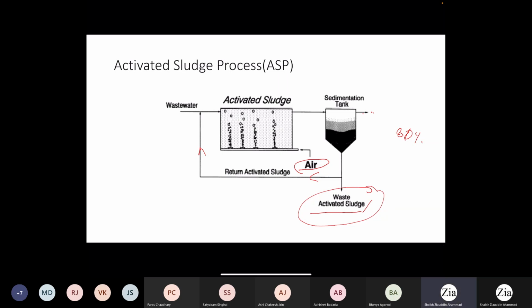So the activated sludge process has simplicity in design, very robust, very easy to operate, and downtime is very low, but the operation cost is quite significant.